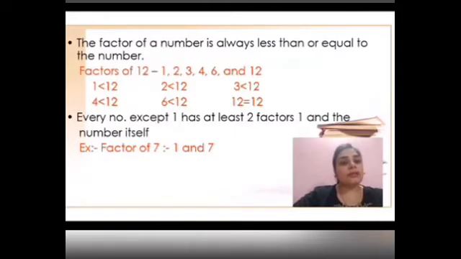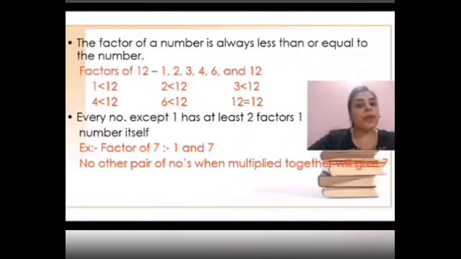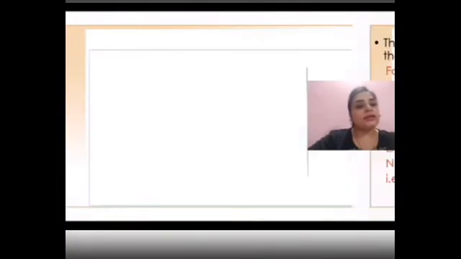When we multiply 1 by 7, we get 7. No other pair of numbers when multiplied will give 7. So 7 has at least 2 factors, 1 and 7.